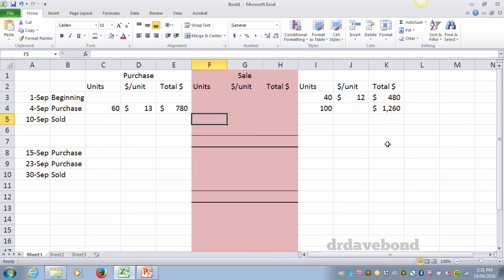So we sell all of these. That's 40 units sold. That's not all the sales, so we need to then move up into the next tranche, which is these guys, and we sell another 25.